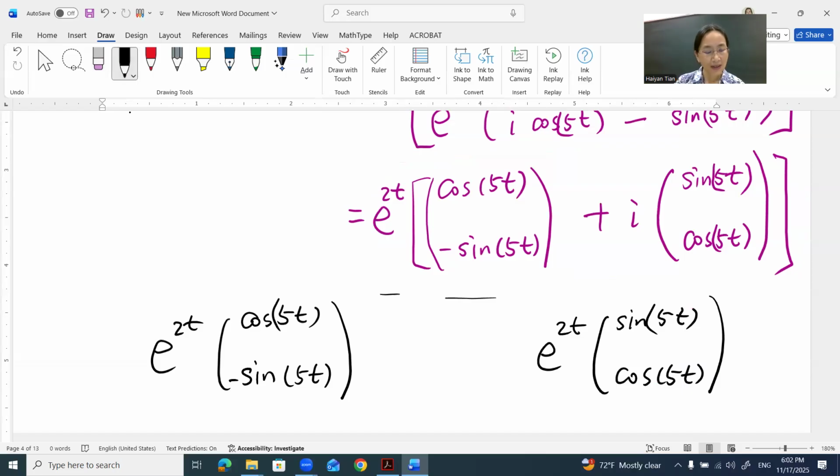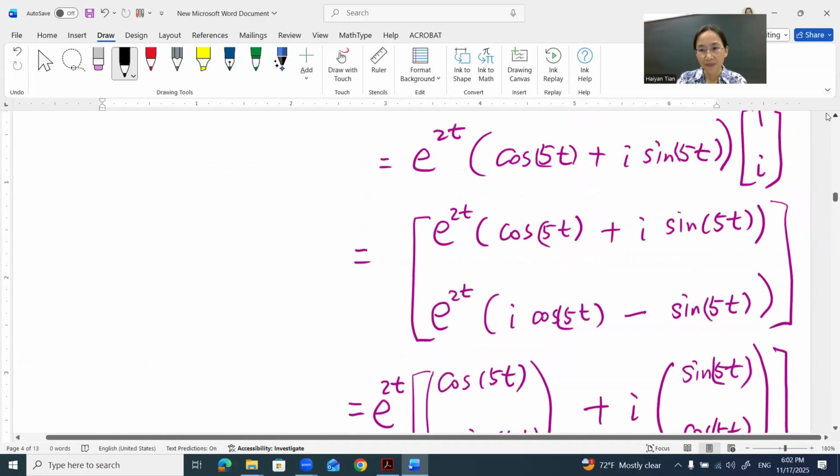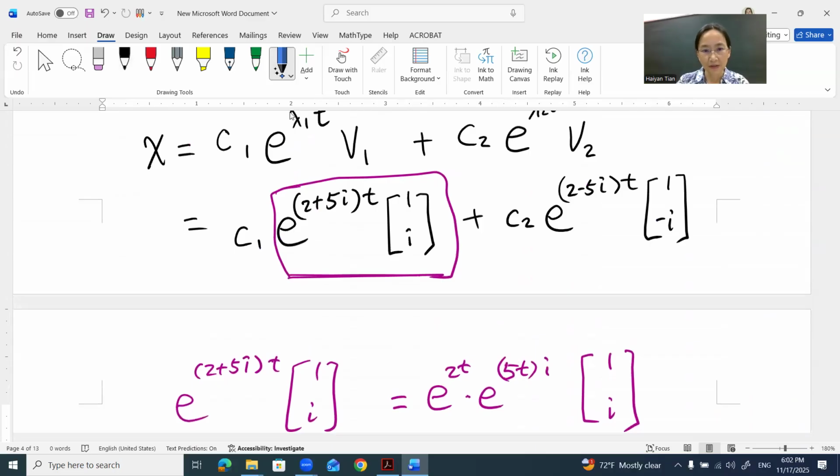So the good thing is that we have found two independent solutions, and we can use these two instead of those two, because we don't like those complex valued solutions.